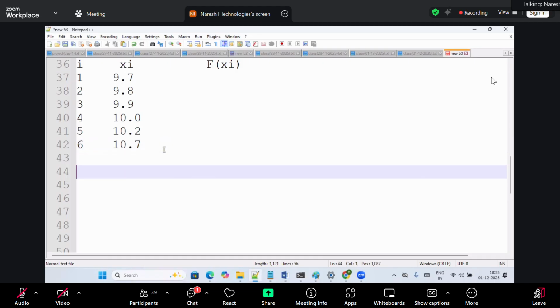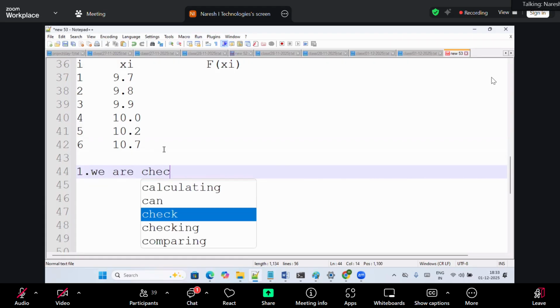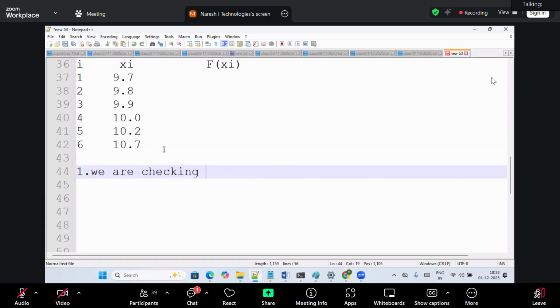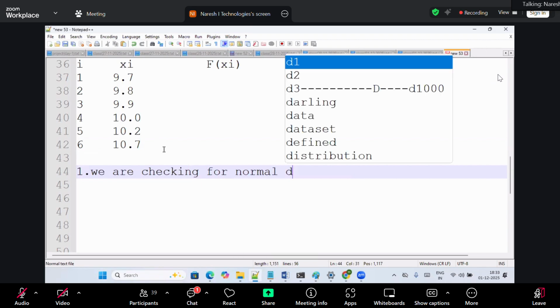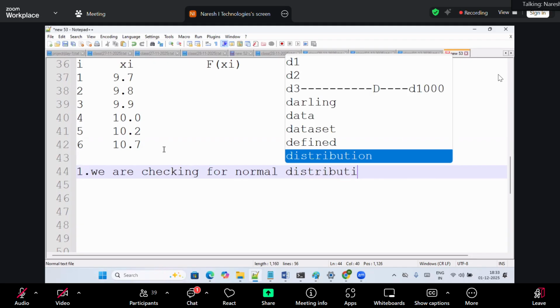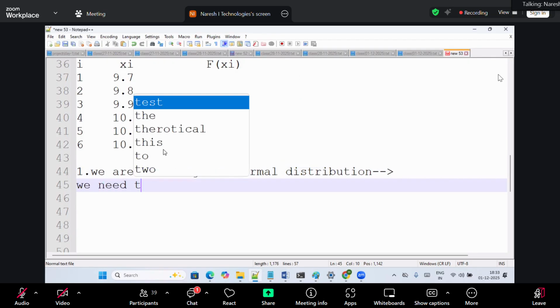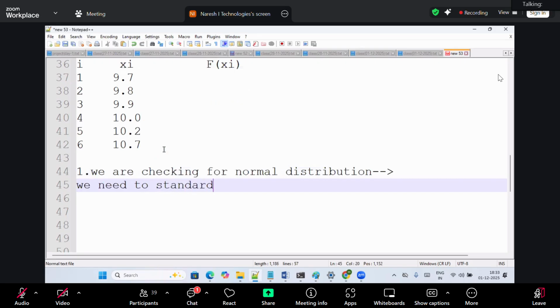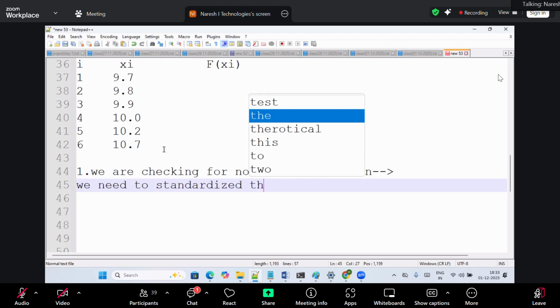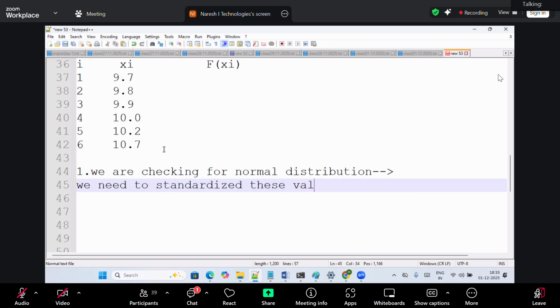तो सबसे पहले गाइस व्हाट यू नीड टू डू, we are checking for normal distribution. So we need to standardize this value, right? So we need to standardize these values. आपको इस वैल्यू को स्टैंडर्डाइज करना है. कैसे करोगे?